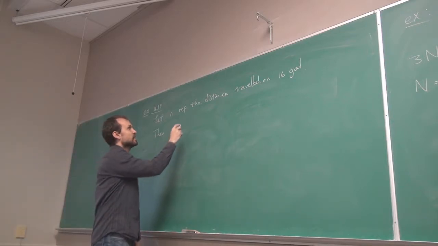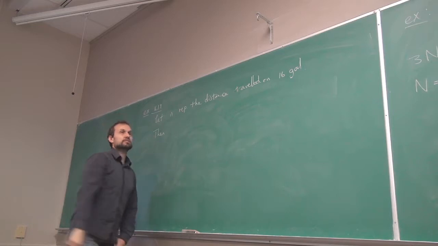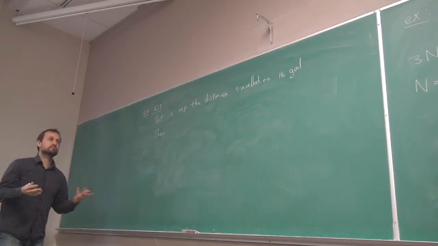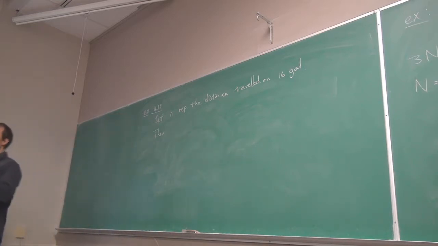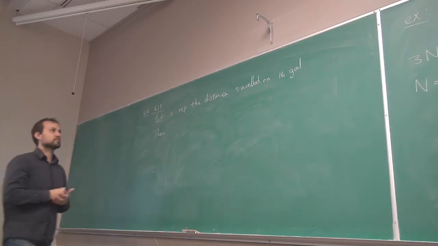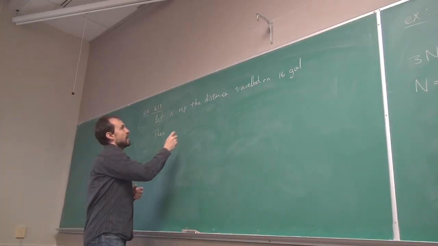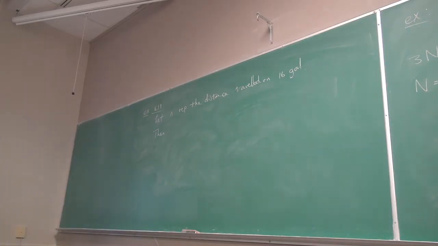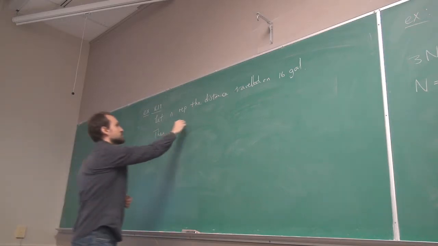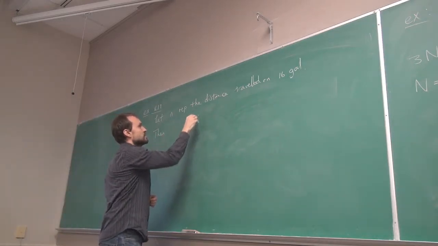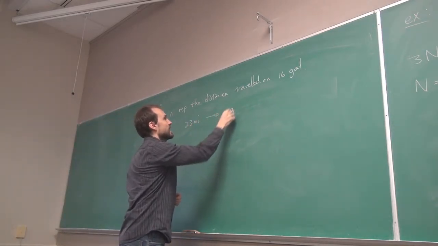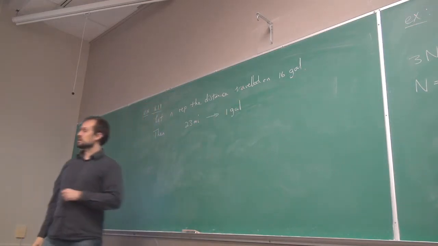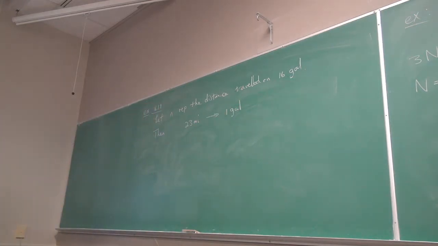I don't care. Now I'm going to set this up. And how I set it up also has some flexibility. I would only suggest that you do the same thing always to get used to one thing. I'm going to match pairs based on the information. They say 23 miles go with 1 gallon. So 23 miles correspond to 1 gallon. I'm going to write it like that, because that's exactly what they said.